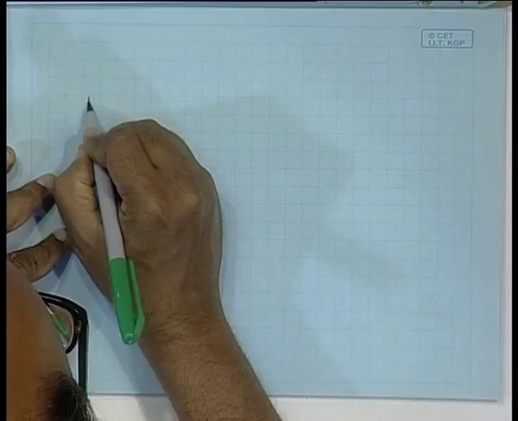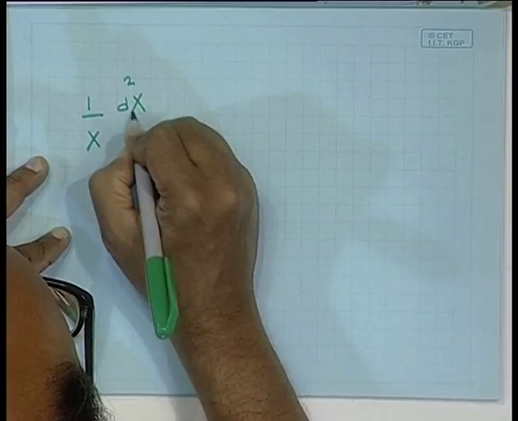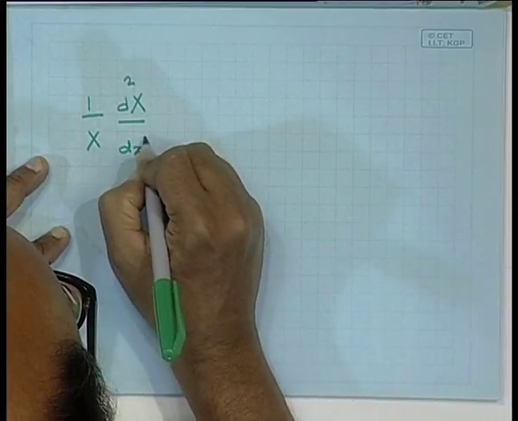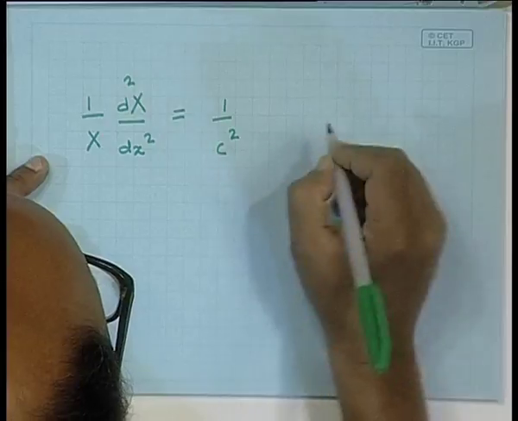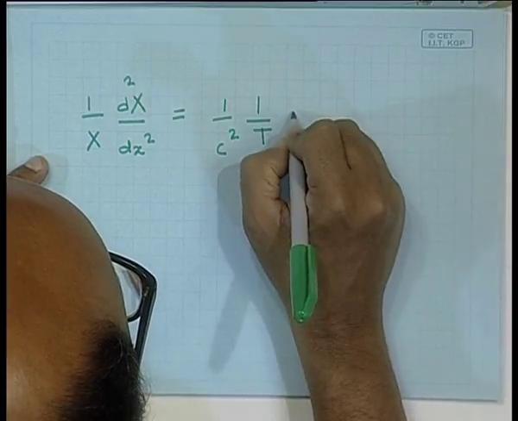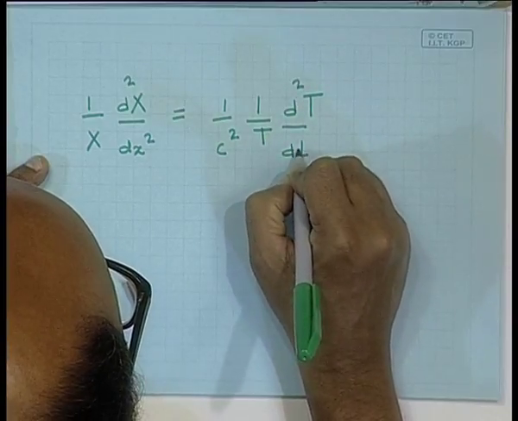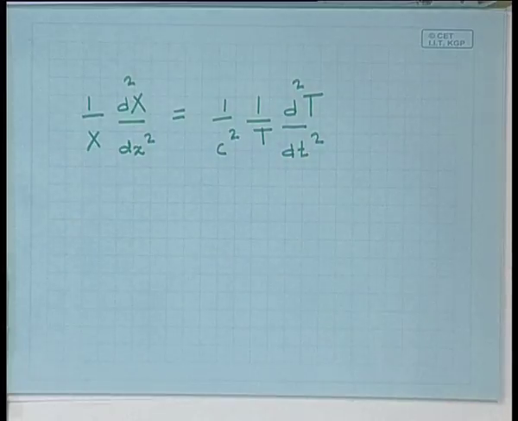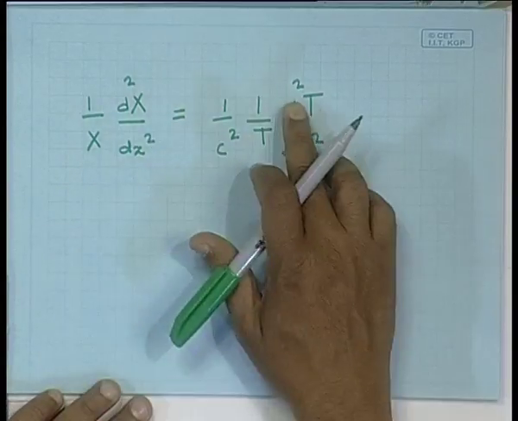The equation that we are left with is 1 by X d²X/dx² equals 1 by c² times 1 by T d²T/dt². So, the partial differential equation that we had now gets simplified considerably, and we have an equation in terms of ordinary derivatives only.